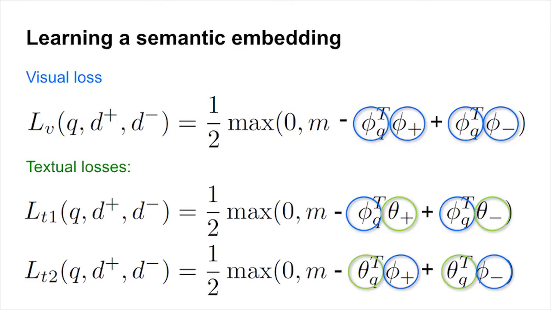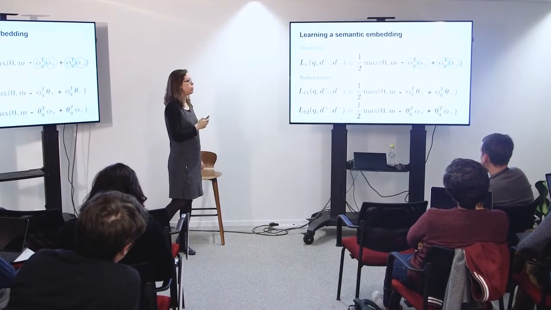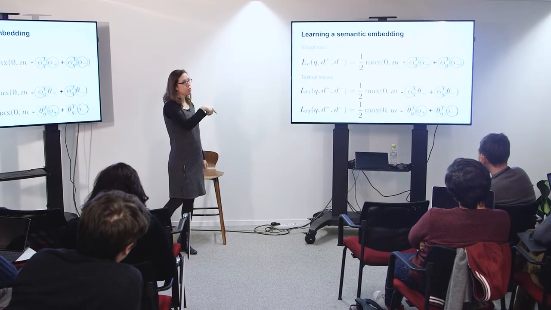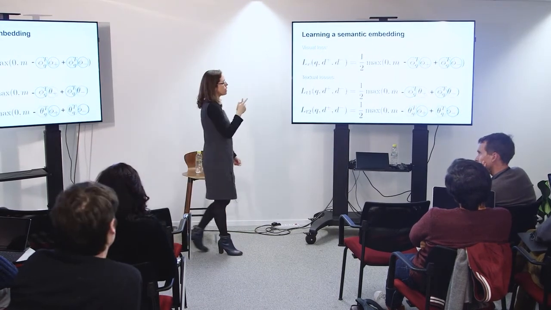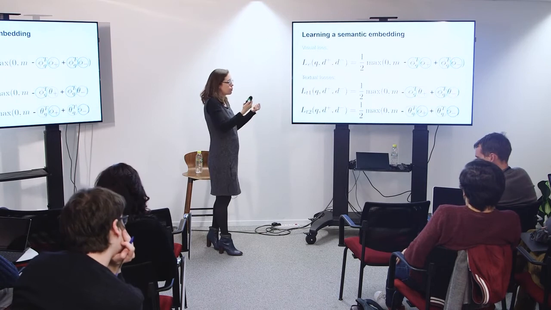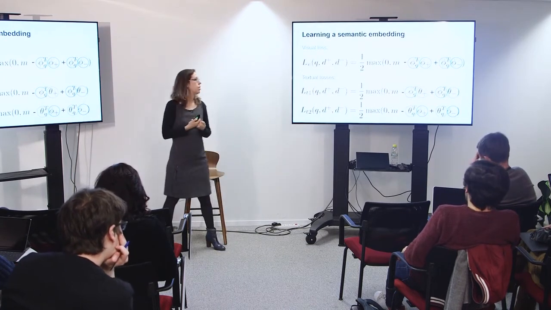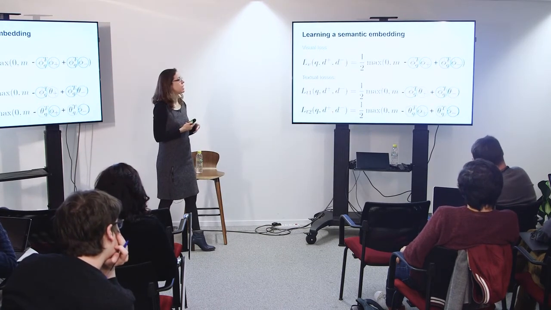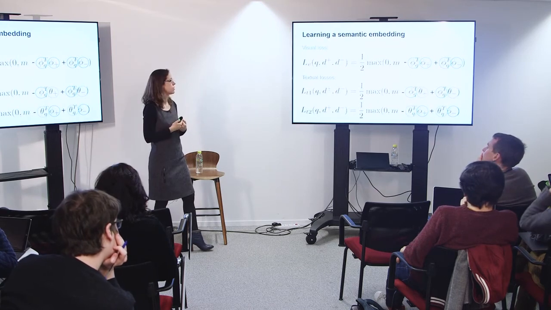So that's the visual loss exactly the same as before, that involves phi, but now we have 2 textual losses that involve phi and theta together. So if you look here, we had only visual information, but now we have this cross-modal information where image and text are forced to live together in the same space. So this is where the magic happens for having a joint embedding with image and text.